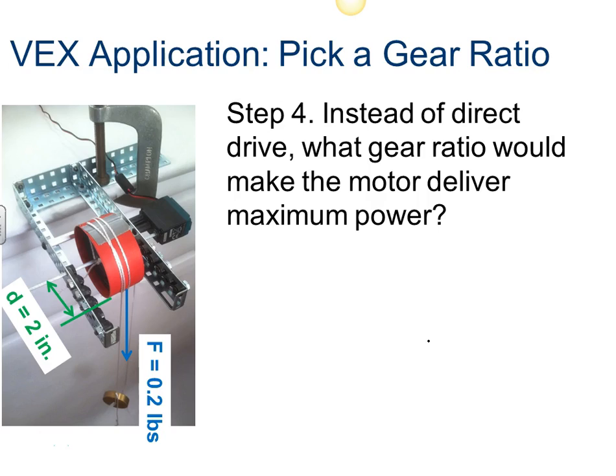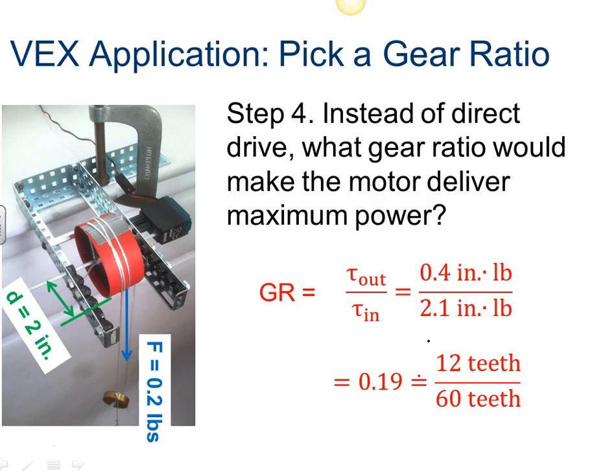So suppose instead of a direct drive, just the shaft connected to the motor, we decided we wanted to use a gear ratio. What gear ratio would make the motor deliver the maximum power? Well, tau out is 0.4 inch-pounds, and tau in is 2.1 inch-pounds.